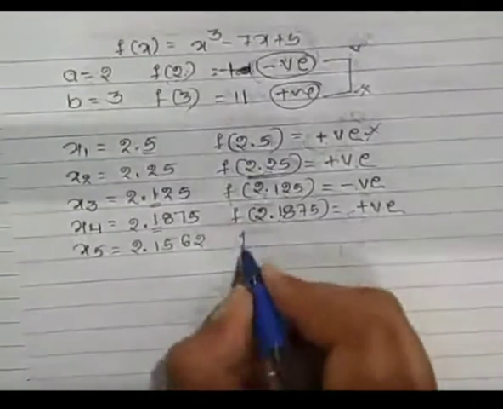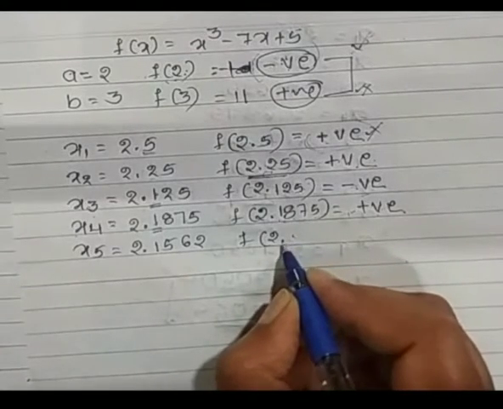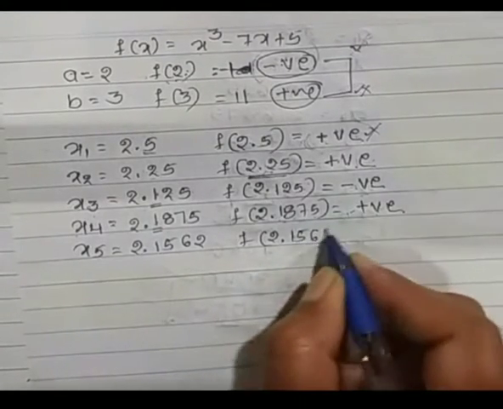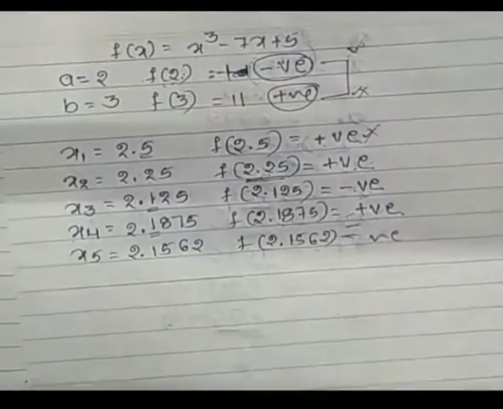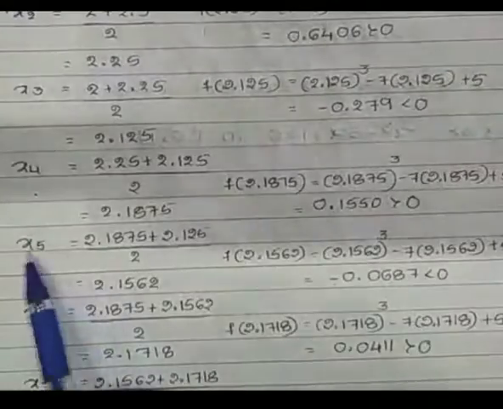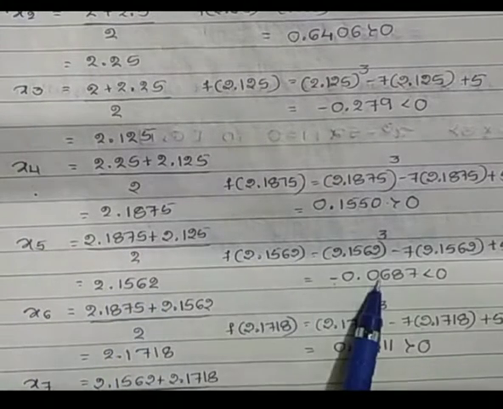For this we are getting the function value as negative. x5 is this one, and for this our function value is negative.